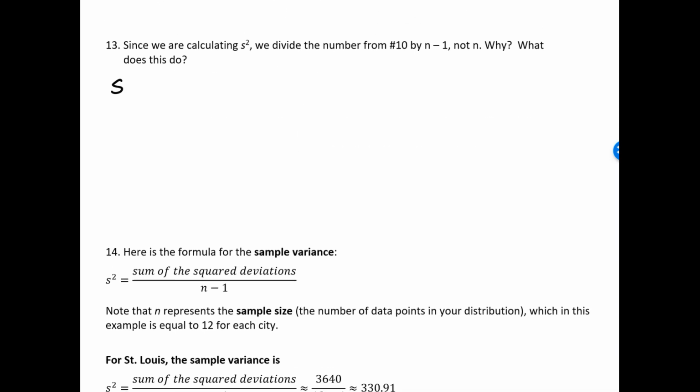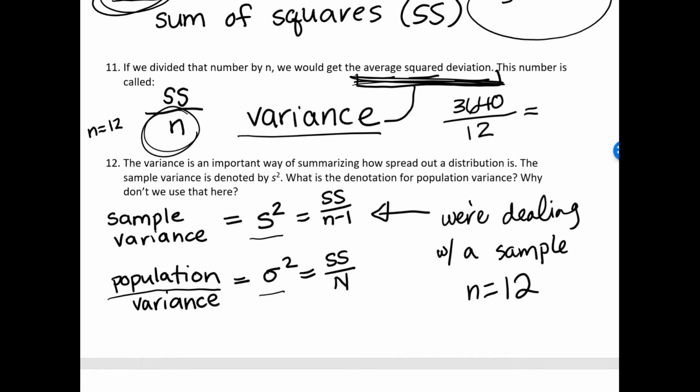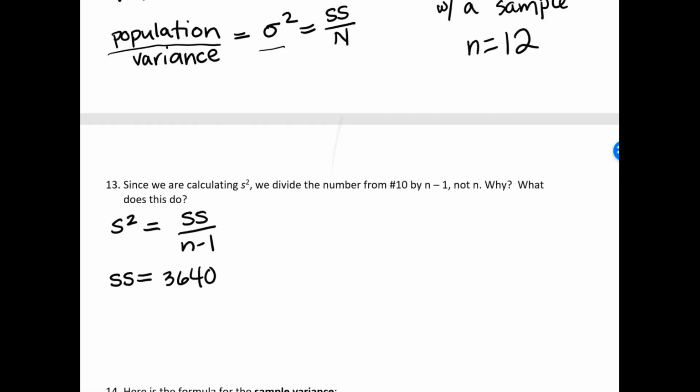So just so we have all this together again, that's the sum of squares divided by n-1. We have from number 10, 3640. Let me double check that just to make sure. Yes, 3640.